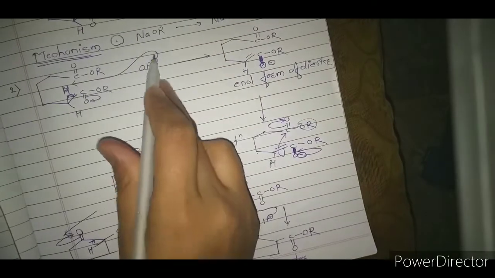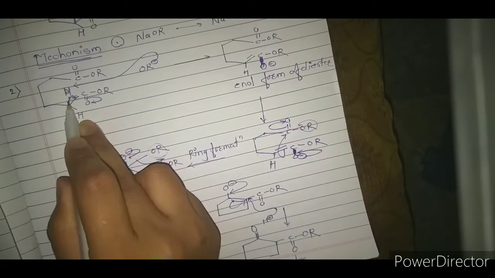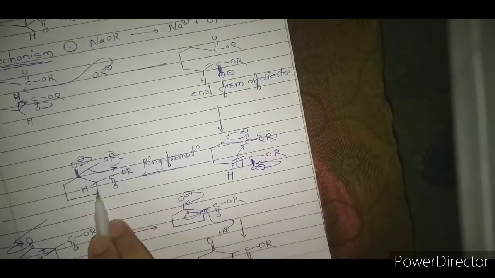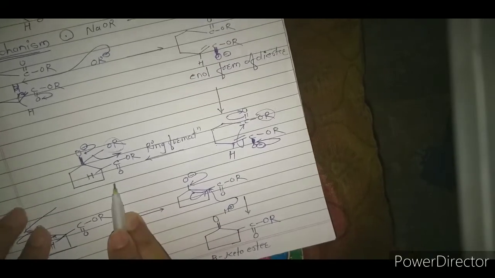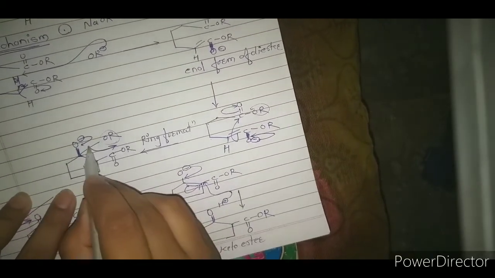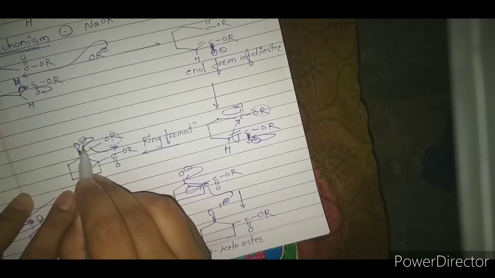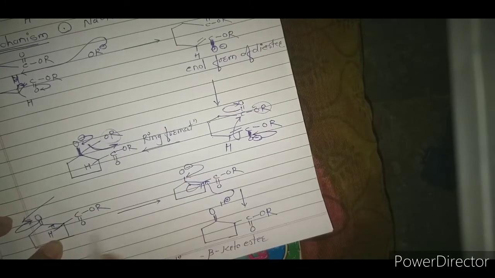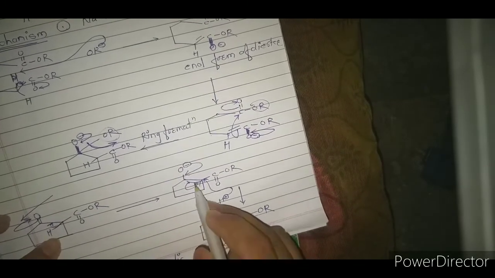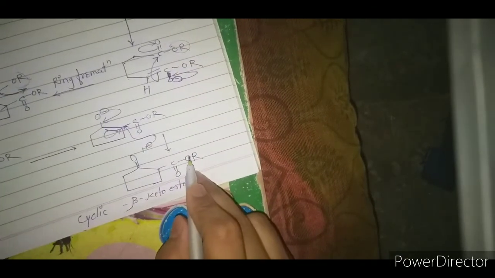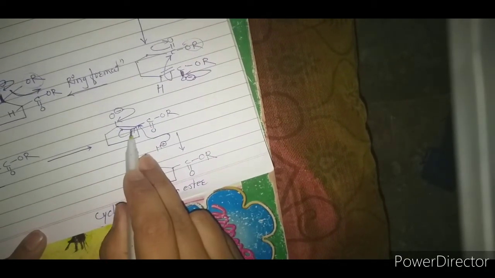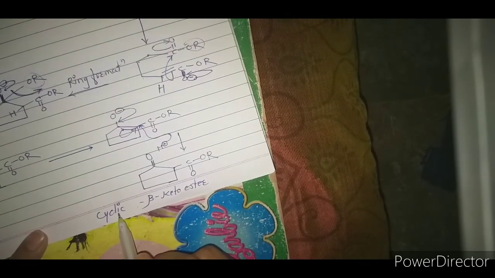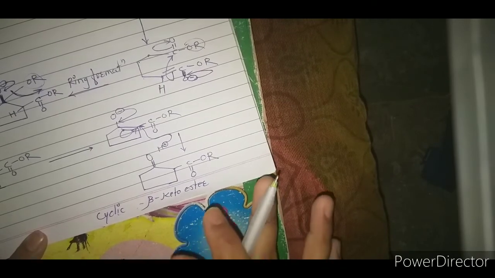In the next step, this alkoxide ion abstracts a proton from the diester, giving the enol form of the diester. Next, cyclization occurs and a 5-member ring is formed, and then electrons are transferred here and this alkoxide group is removed, and a double bond forms here. Finally the proton transfers the electron from here and forms the final compound, cyclic beta keto ester.